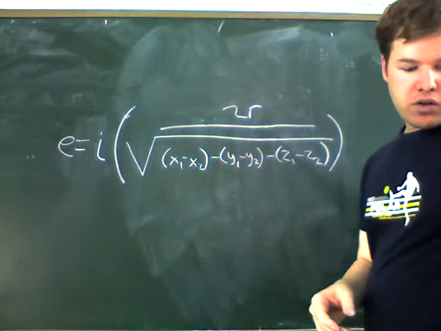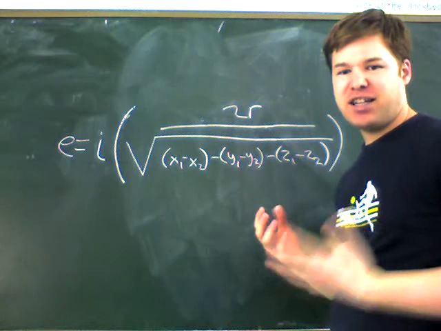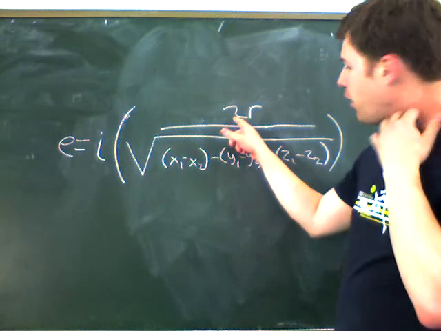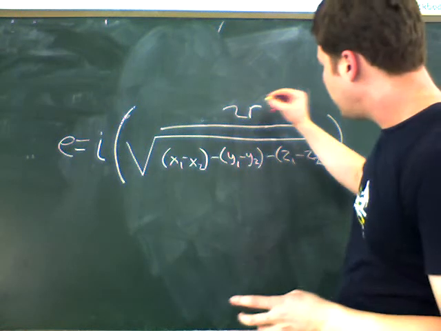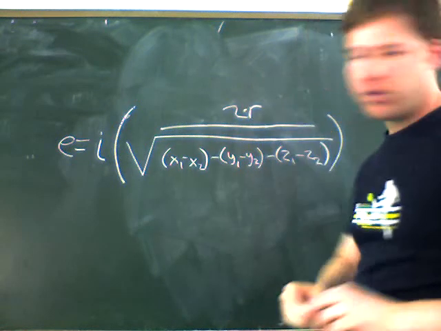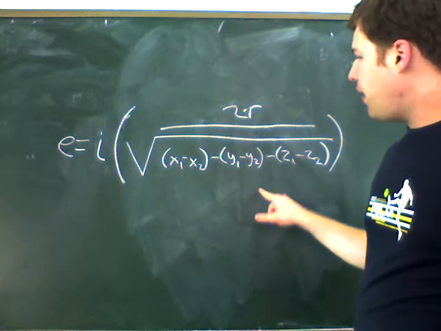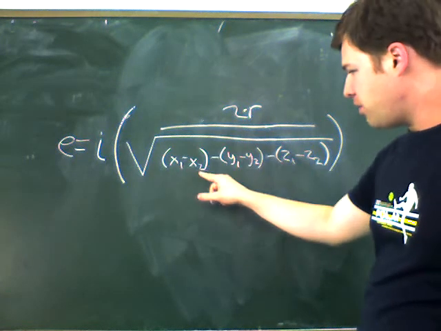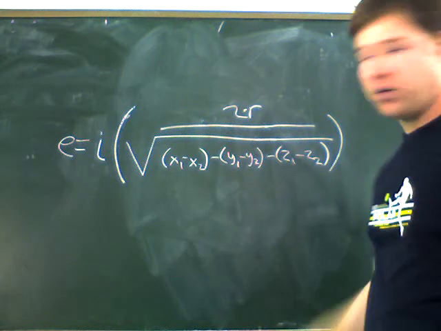Okay, so this is what we have here. It may look a little complex, but it's really not. We have 2 times r, the dot in there for some of you to see, and then we have the square root of x1 minus x2, y1 minus y2, z1 minus z2.